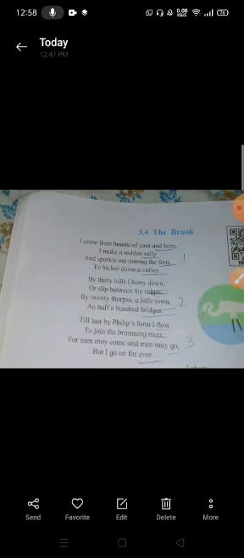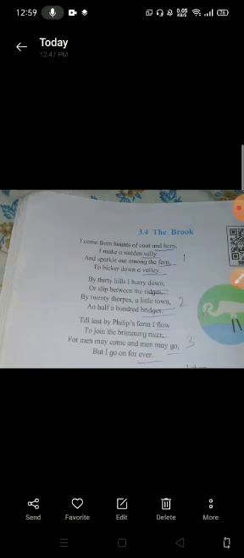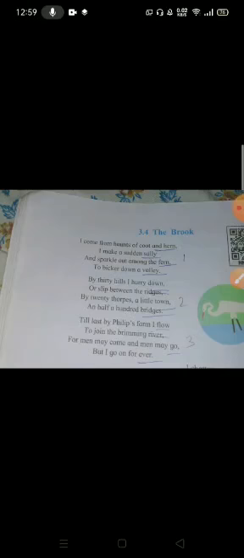So here the brook has been given human qualities, allowing the brook to speak for itself in a very human way. So here he has described his own feelings, his own life, throughout the poem. He has written his own life in the form of a poem.